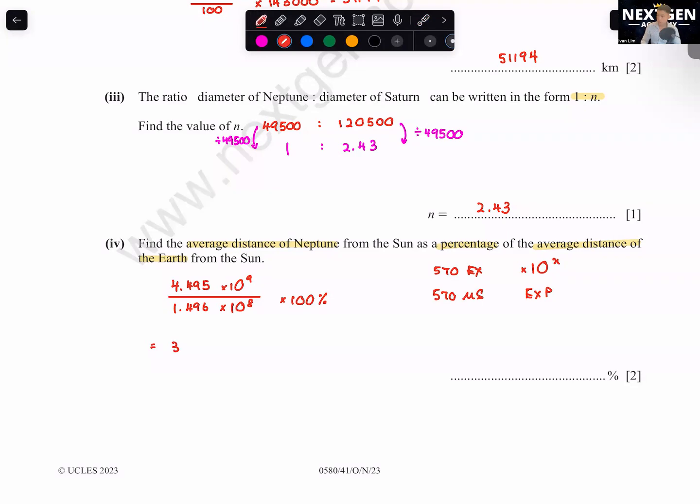Let me see what the calculator gives again. 4.495 times 10 to the power 9 over 1.496 times 10 to the power 8.